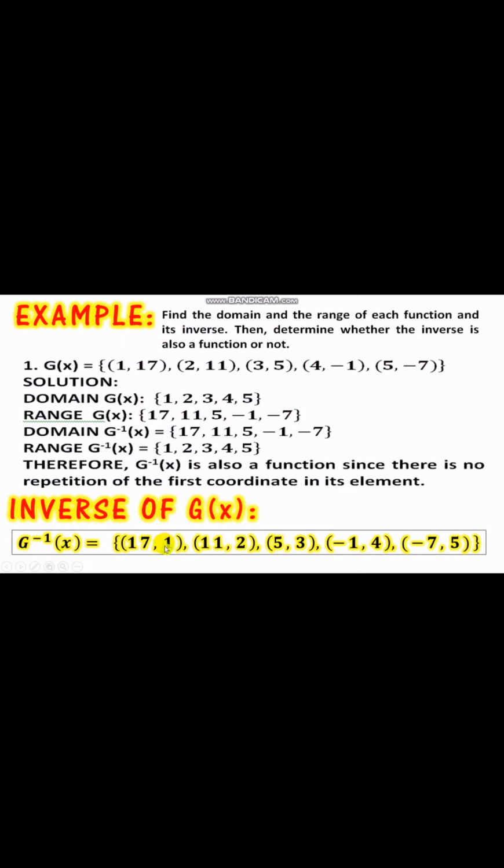Ganito siya pag sinulat sa ordered pair. Kung titignan mo yung domain nila, 17, 11, 5, negative 1, tsaka negative 7, wala namang naulit. So, therefore, yung inverse ng function na ito is also a function.